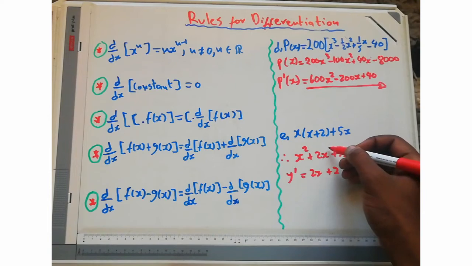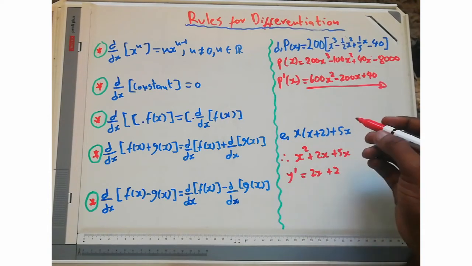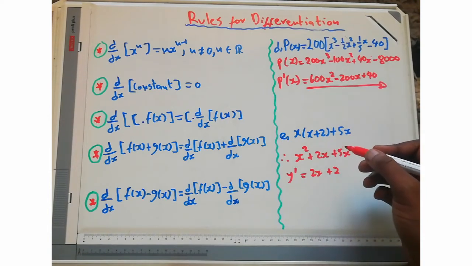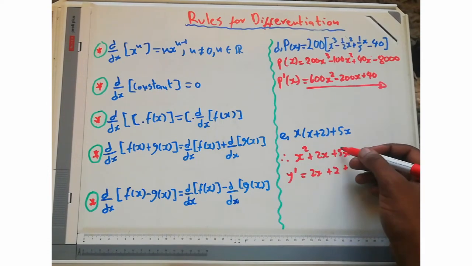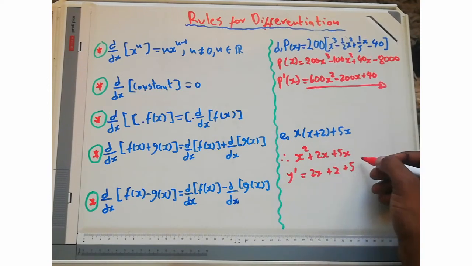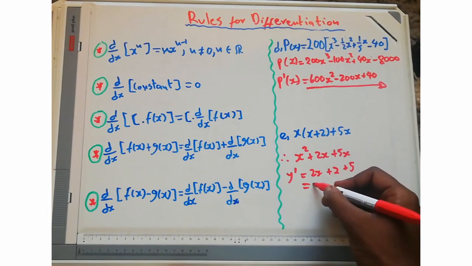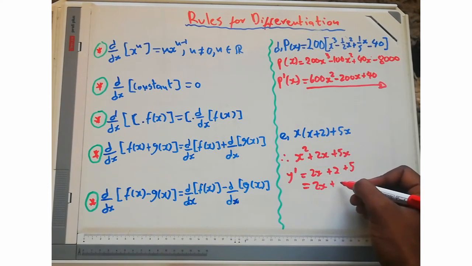That 1 minus 1 will give you 0. Any number to the power 0 is 1, so you still have your 2 there. Plus, here also, the very same thing applies. 1 times 5 will give you the 5, and then 1 minus 1 will give you 0, so it's 1. So the derivative here is 2x plus 7.